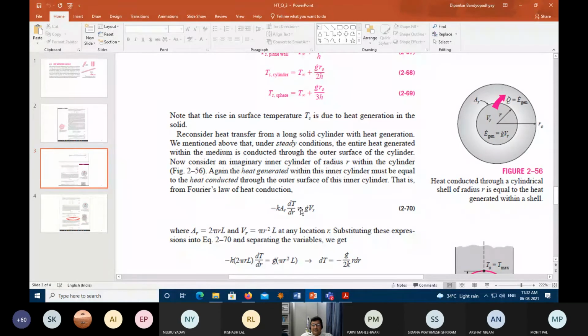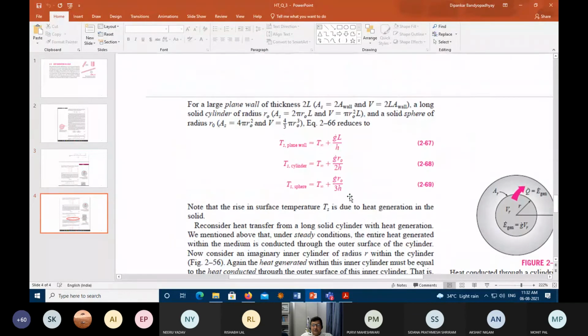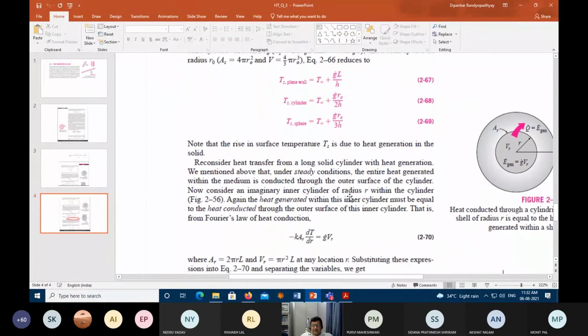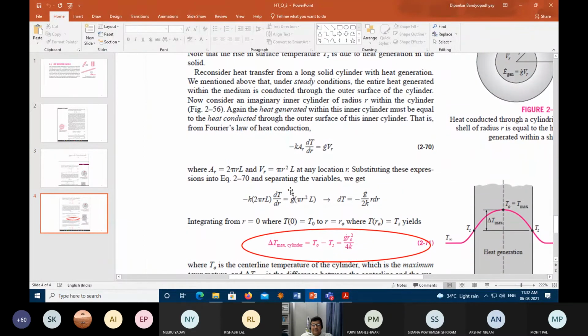For the time being, this derivation we will do at some point: K A dT by dr equals G dot V.